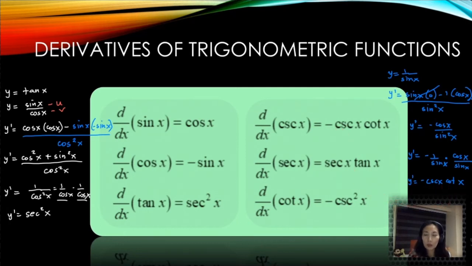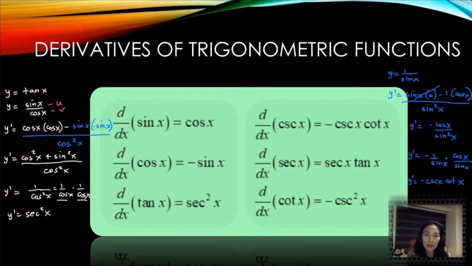So you can do the same for secant x. The derivative of secant x is secant x tangent x, and the derivative of cotangent x is negative cosecant squared x. And its proof would be similar to this.